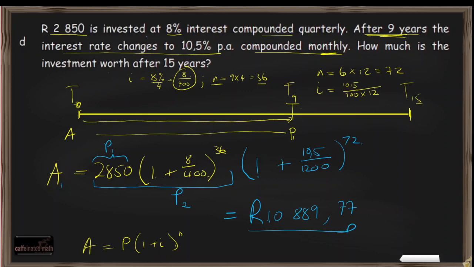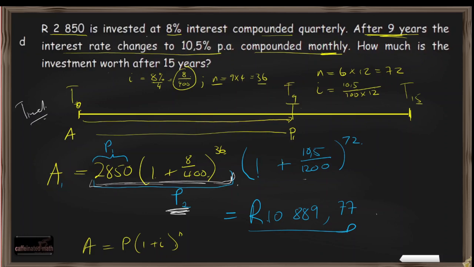First we need to establish our timeline correctly so that we can see whether we have calculations that need to be broken up, and how they need to be handled. In this case, we saw that our first calculation in yellow just happens to be what we need to get the second principal value, which we need in the second calculation, and thus combining the two calculations, we have that principal value multiplied with that calculation, and that gives us our final answer.